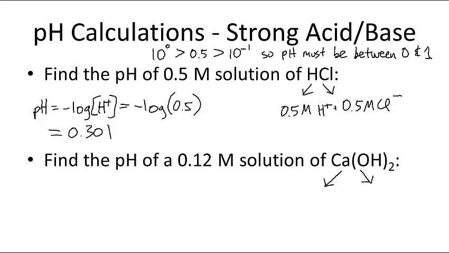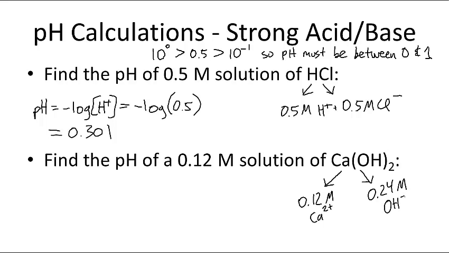Calcium hydroxide is going to split up into calcium 2 plus and OH minus. What's the concentration of calcium 2 plus in this solution? 0.12 molar. And what's the concentration of OH minus? 0.24 molar, because every time this dissociates, you get 2 of those.